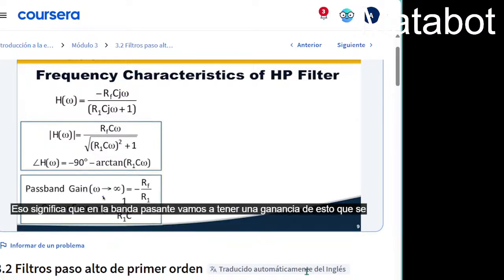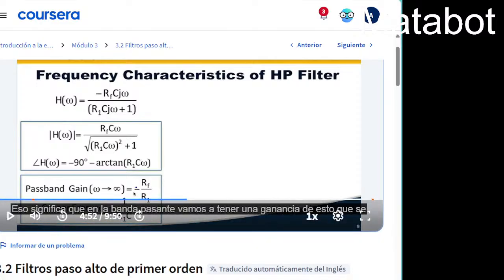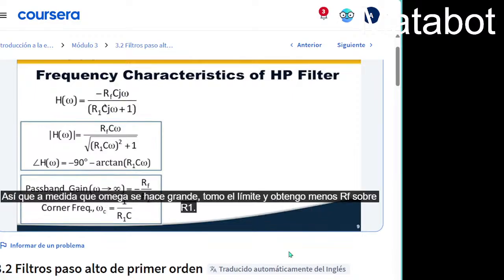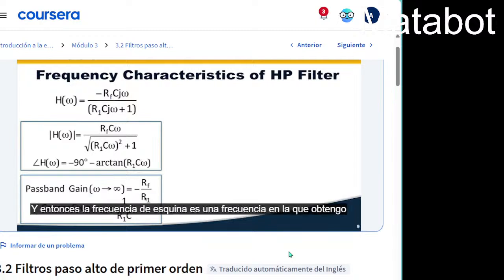That means in the pass band, we're going to have a gain of this, which is found by taking the limit of this as omega gets very large. Because it's a high-pass filter, the pass band is in the high frequency. So as omega gets large, I take the limit and I get minus RF over R1.